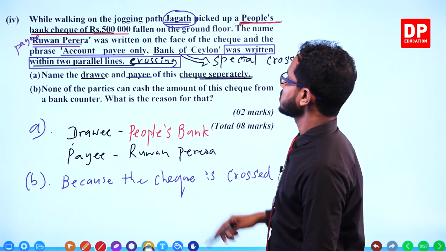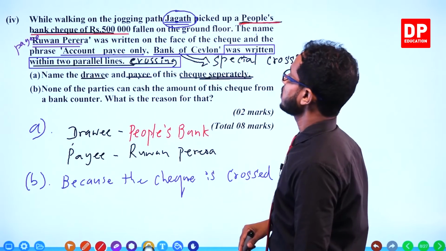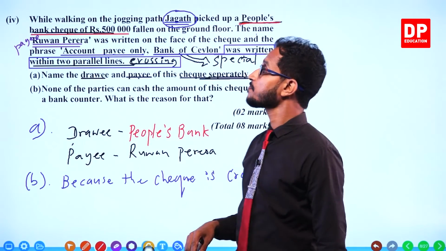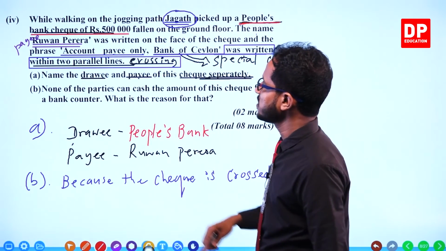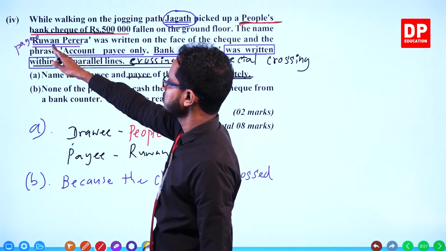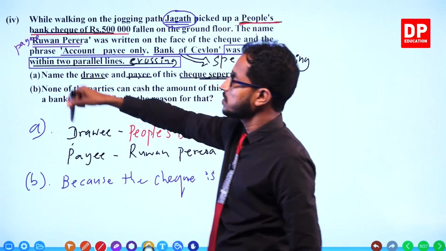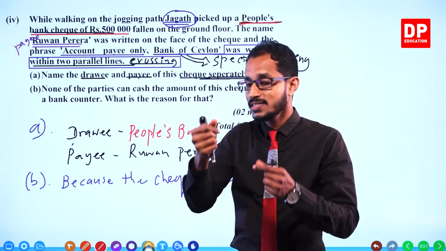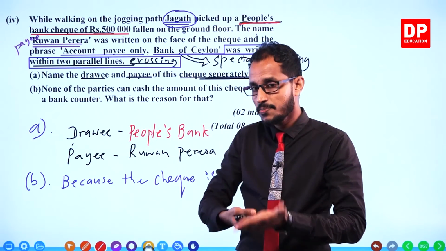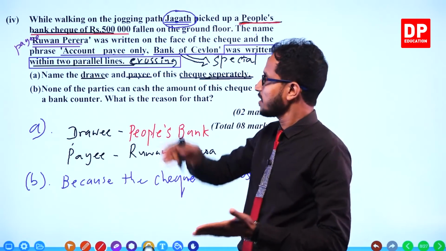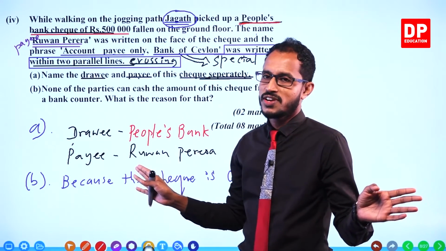And because the Bank of Ceylon crossing, the name of a commercial bank, is there, that becomes a special crossing. Which means this guy, the check is given to Ruan Pereira. He cannot take cash through the bank counter. He can't take cash to his hand. Jagat is anyway very unlucky.